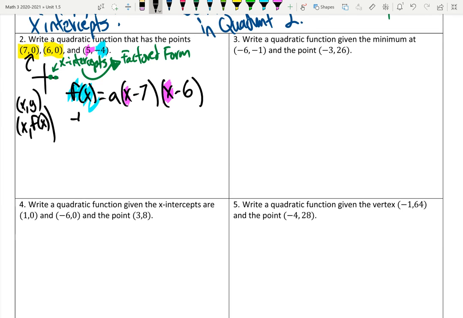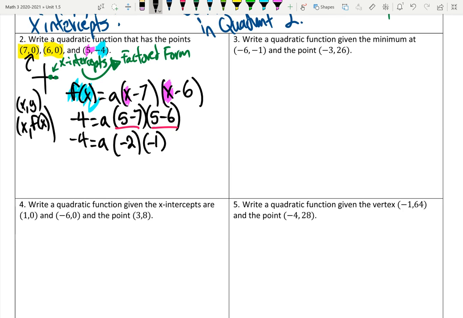So using these values, I can eliminate some of my variables. And then I go into town. 5 minus 7, 5 minus 6. This turns into a times negative 2 times negative 1, which cleans up to be positive 2. I'm going to rewrite this as negative 4 equals 2a.